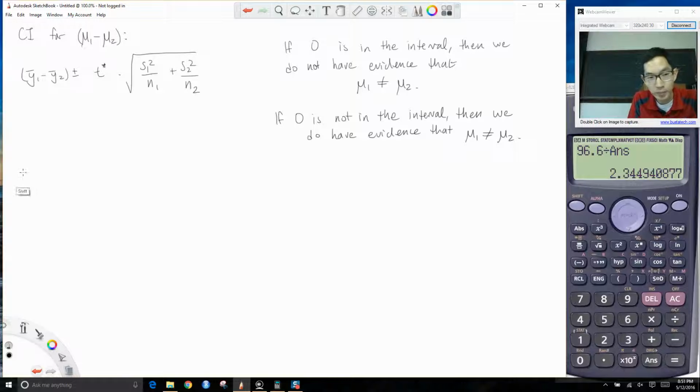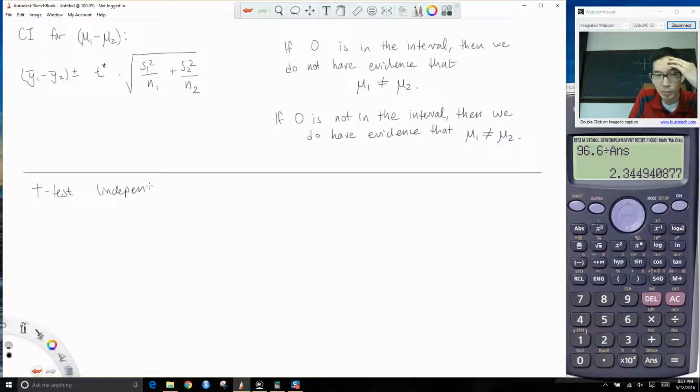Similarly, let's say we have a t-test, independent samples. Our null hypothesis is that mu1 is equal to mu2, and the alternative is that they are different.